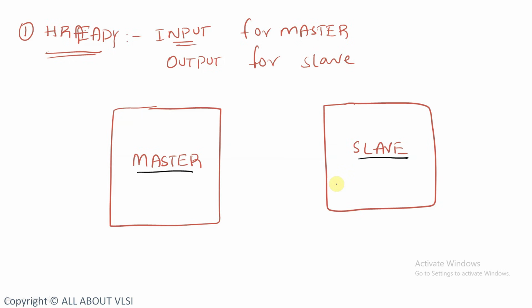How will the master come to know whether the slave is ready or not? Using this HREADY signal. The HREADY signal will be output for our slave and input for our master. It tells the master whether the slave is ready for any transaction or not. By sampling this HREADY signal, the master will come to know whether it should start the transaction or not.